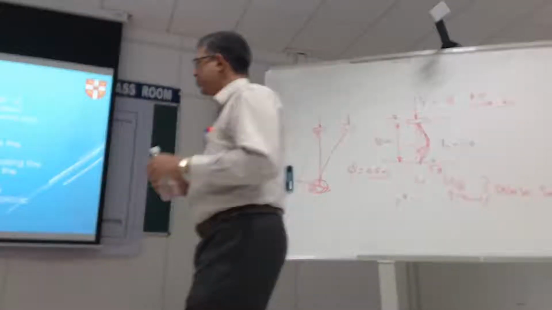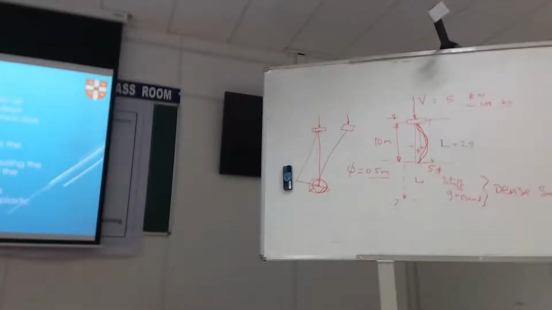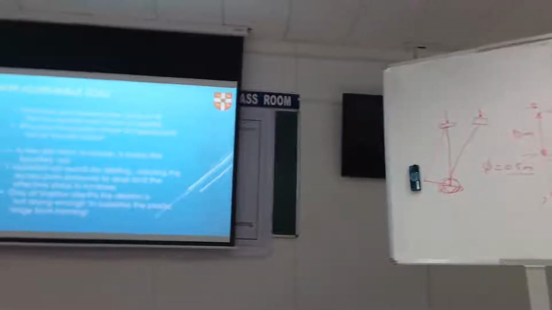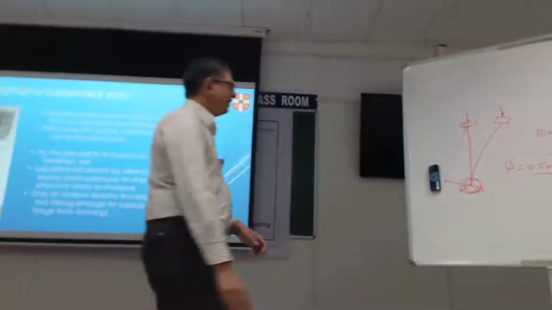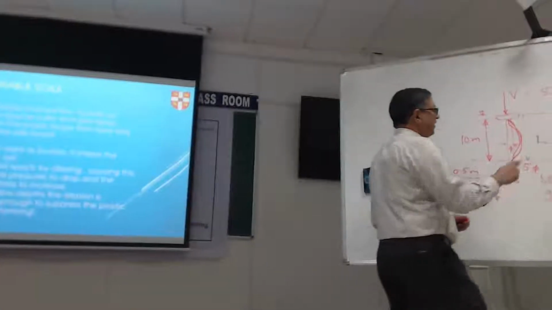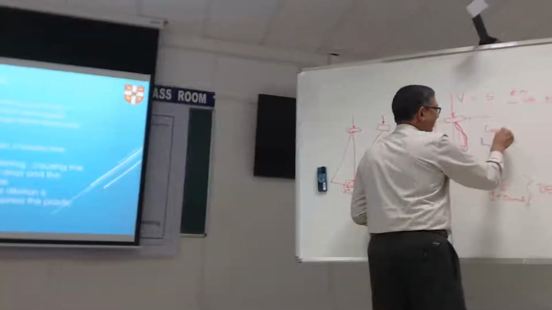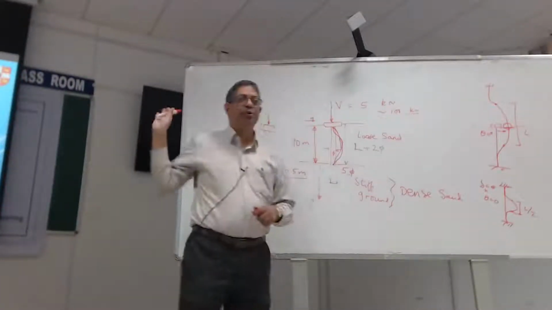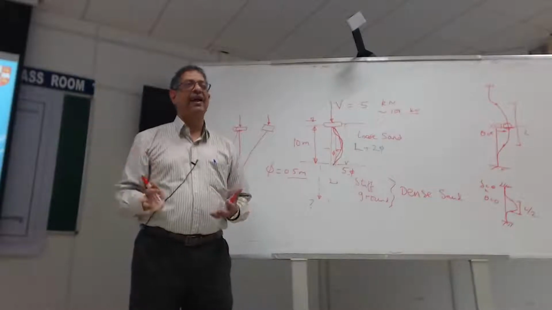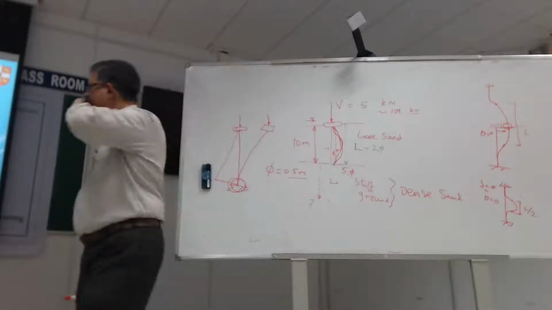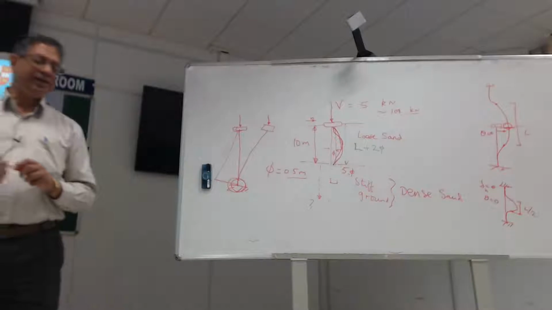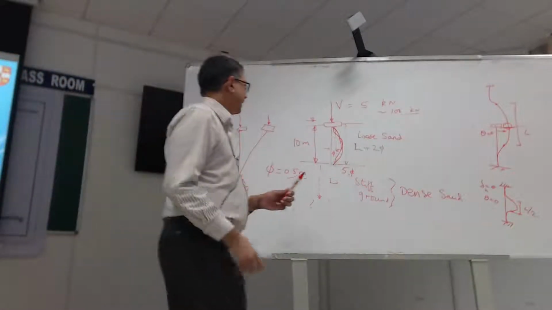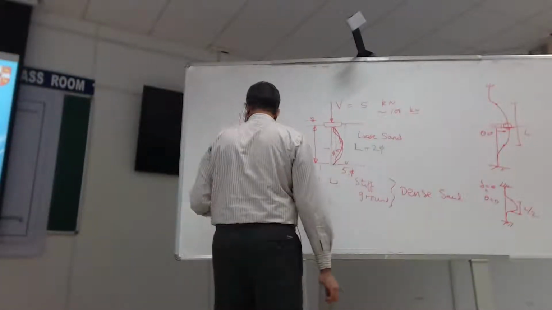Now, why is the question? Because soil. We cannot simply wipe out this loose sand. It is there. It's liquefied. We have proved that it is liquefied, but it's still there. Now, one theory is that as the pile, I think this got a bit messy.